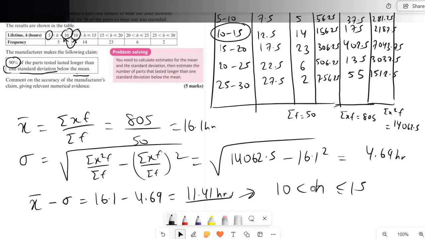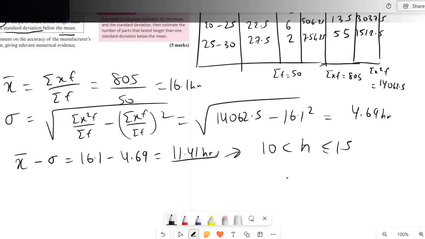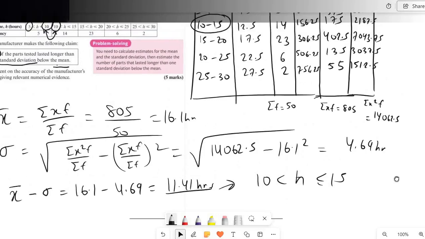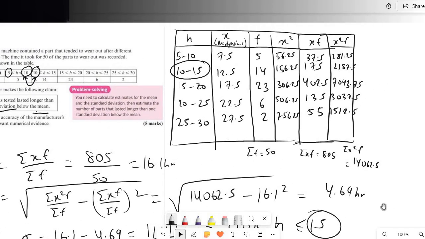So using linear interpolation, first what we do is we draw a straight line like this, and then we place the end boundaries or the class boundaries here. So at the middle is going to be 11.4, at the end is going to be 10, the lowest boundary, and at the rightmost end is going to be 15, the highest class boundary, and their corresponding cumulative frequencies.